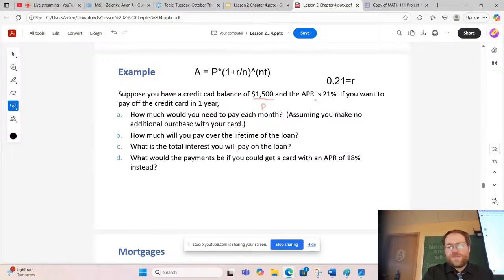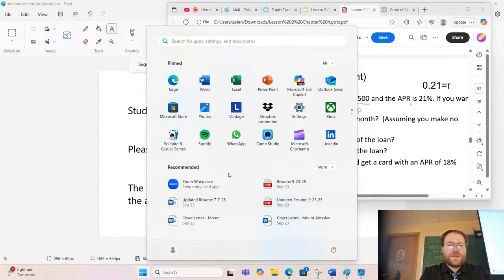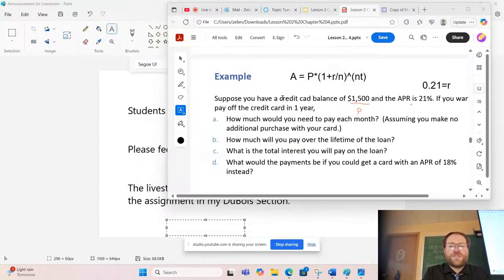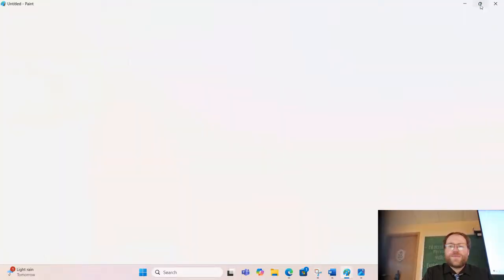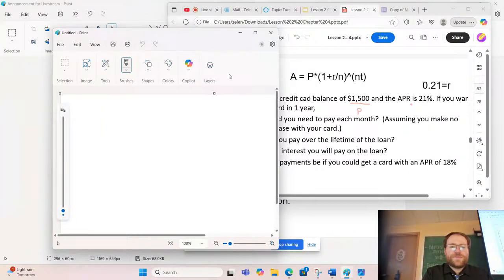How much would we need every month to pay this off if it compounds once a month? To do that, I'm just going to pull this up so I can work the equation for you.